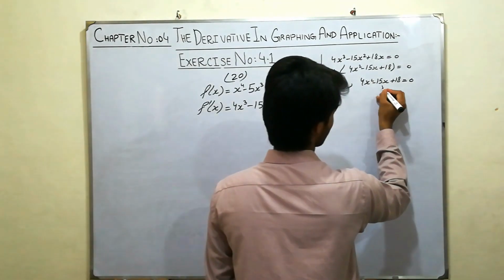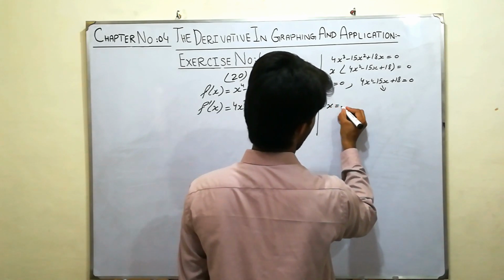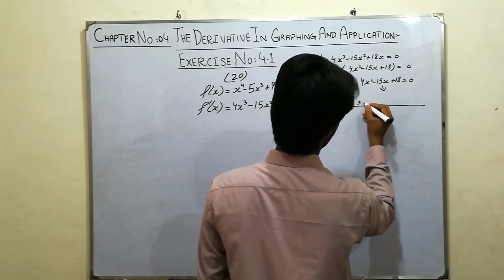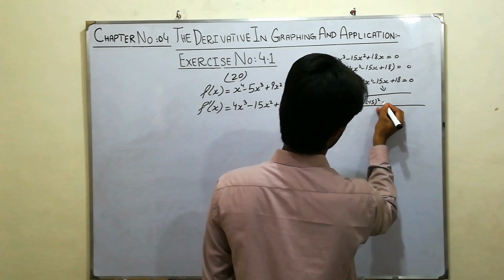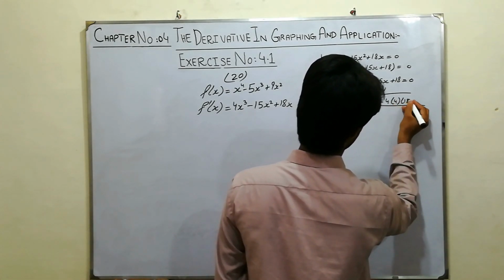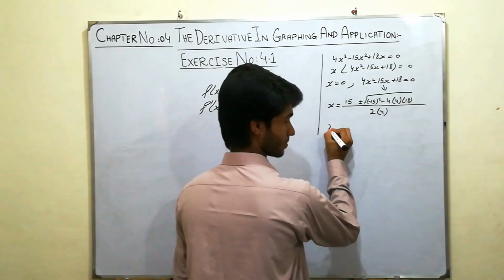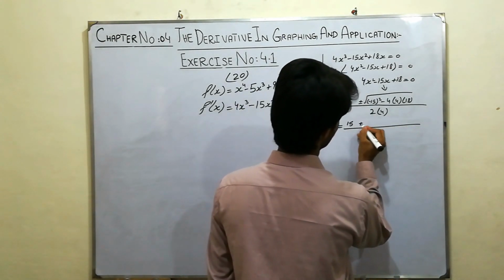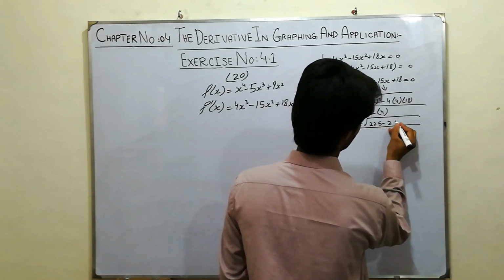Apply the quadratic formula, so x is equal to 15 plus minus the square root of 15 squared minus 4 times 4 times 18, which is 225 minus 288.